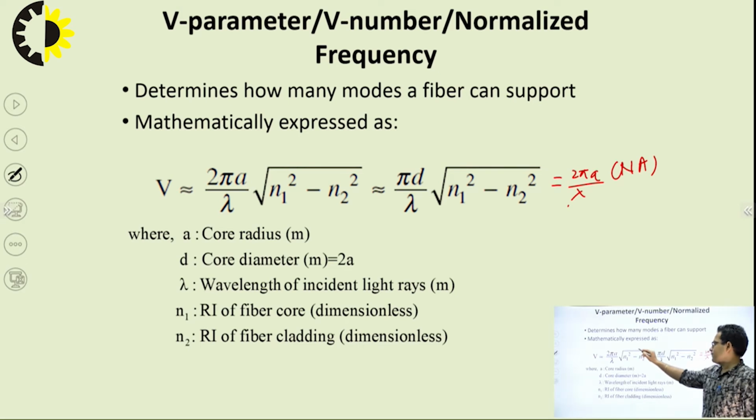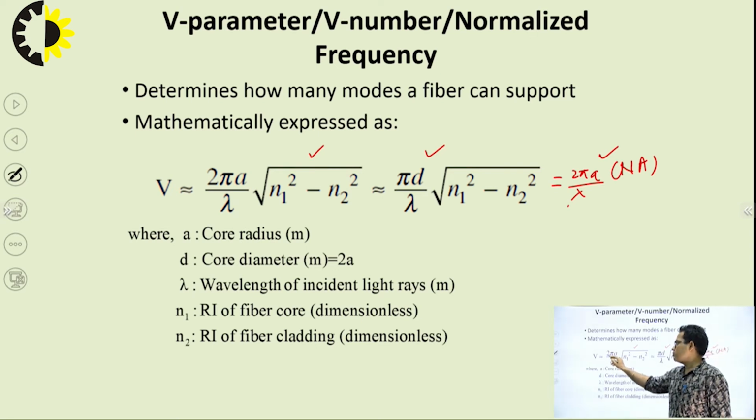So this is the first expression in which a numerical can be asked. Similarly, the next expression can be derived from this one, because here a is the radius of the core. So 2a is what we call the diameter of the core.